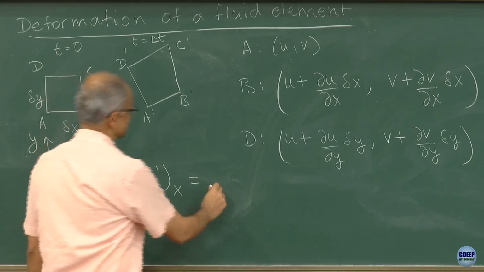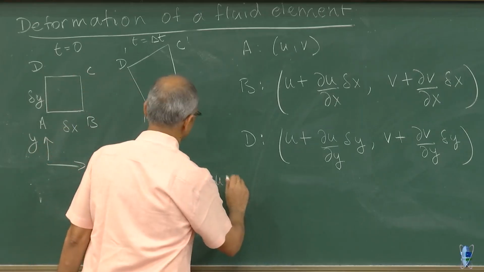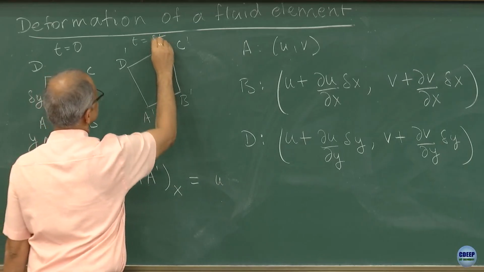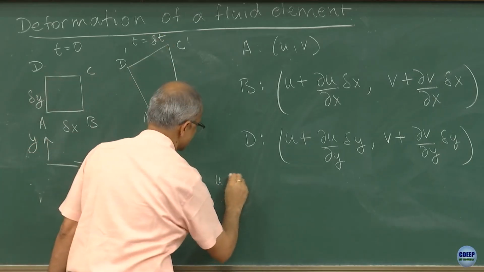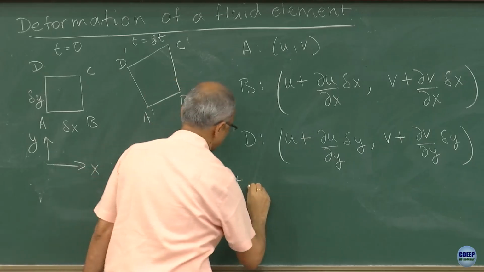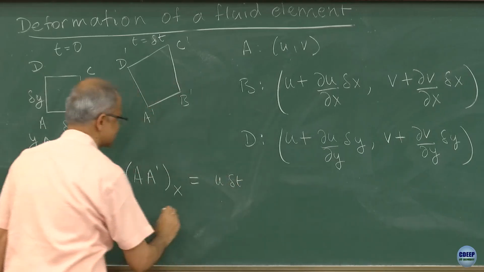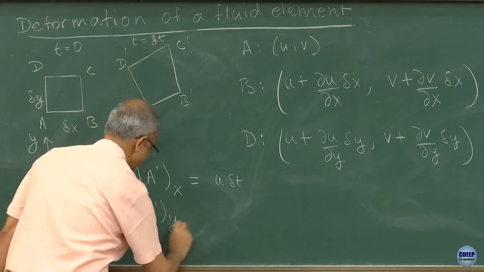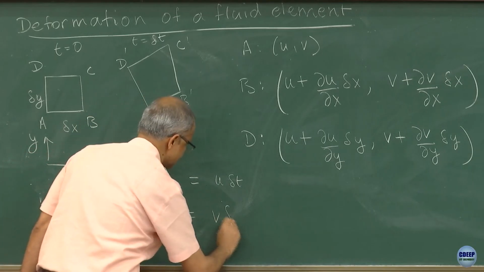So this is u delta t. Okay, let me just be consistent and use the same delta, so it is just a small delta t. So u times delta t is my displacement along the x direction. A prime along y is equal to v delta t.